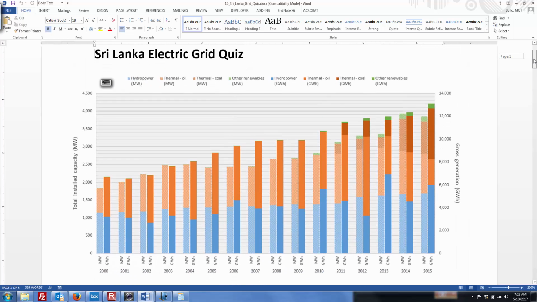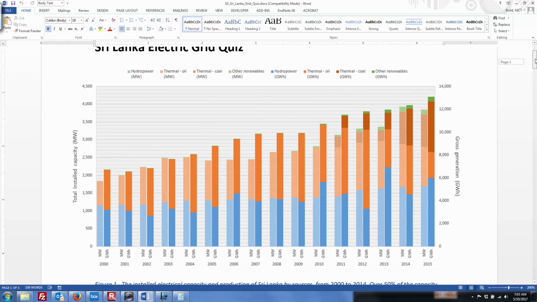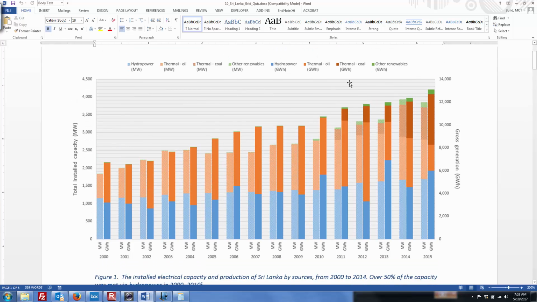Okay, there we go. So hydropower is a significant portion of the grid in Sri Lanka. You can also see that a lot of the energy comes from oil. That's what these bars are.